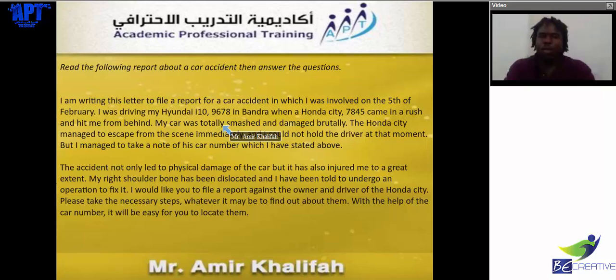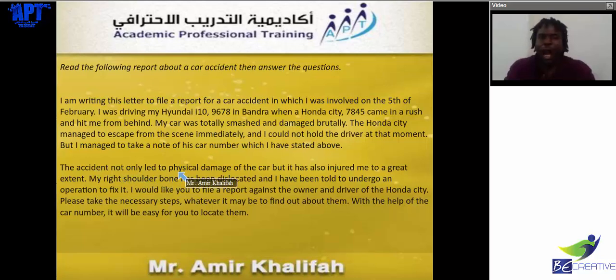My car was totally smashed and damaged brutally. The Honda City managed to escape from the scene immediately, and I could not hold the driver at that moment. But I managed to take a note of his car number, which I have stated above.